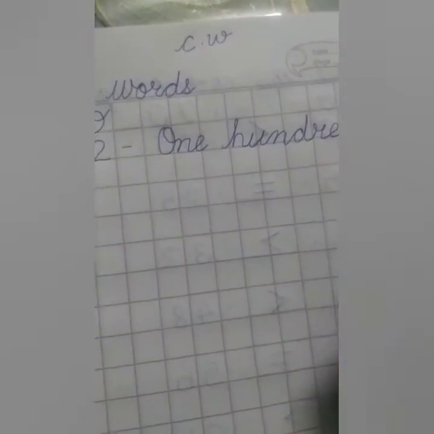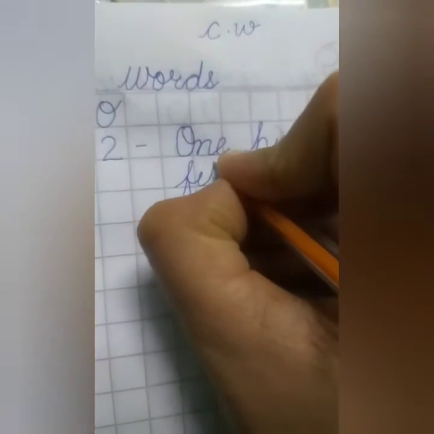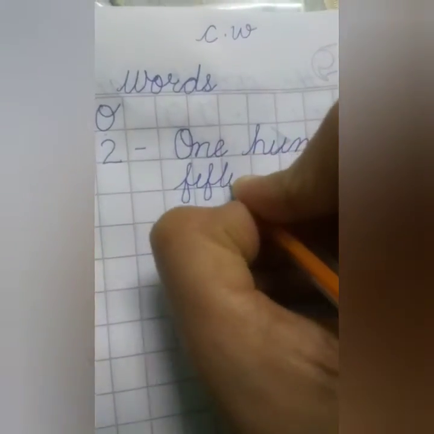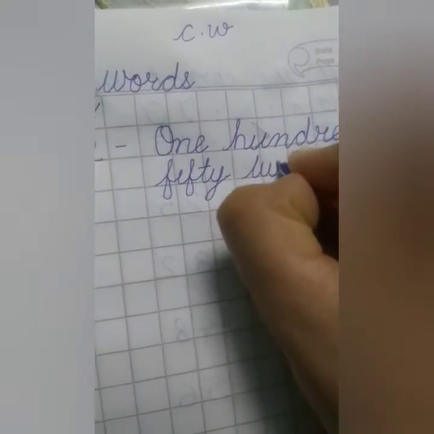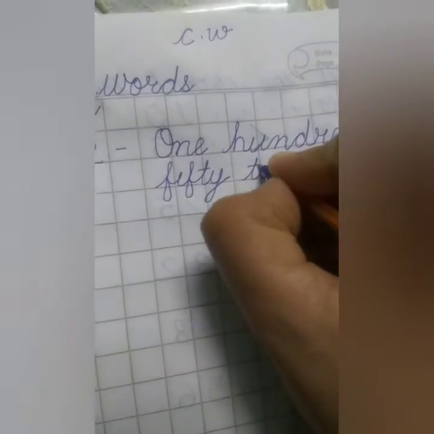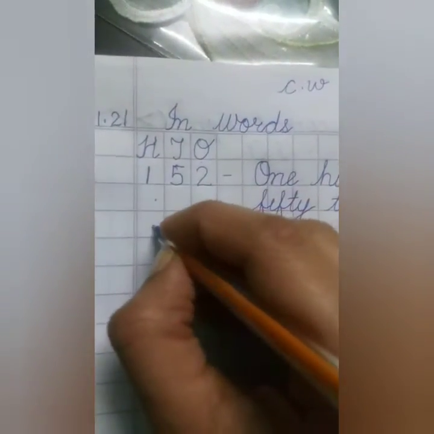Take one finger gap and write AND. Now you know the spelling of 50 and of 2, so write 52: FIFTY. One finger gap and write TWO. 152. How many blocks will we leave? Because it ends there, we will leave 2 blocks. No need to put a dot here. Now the next number.